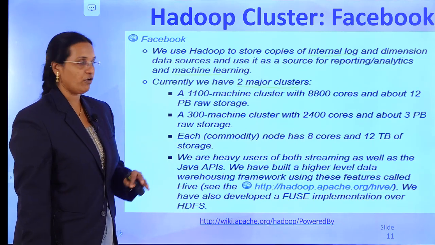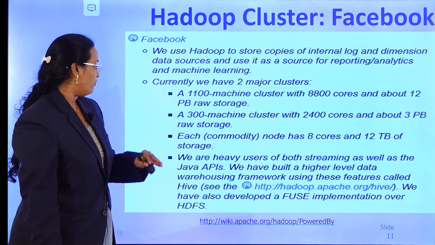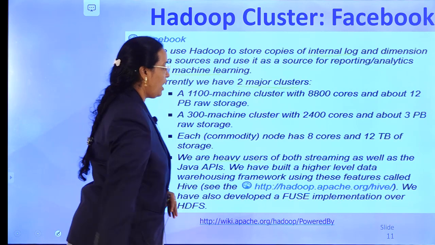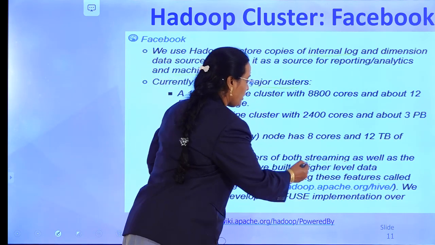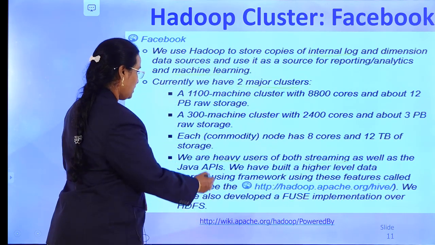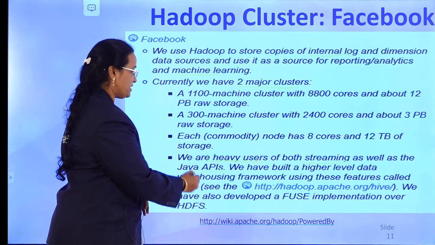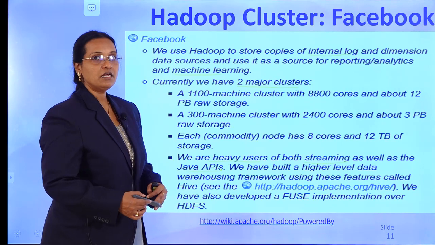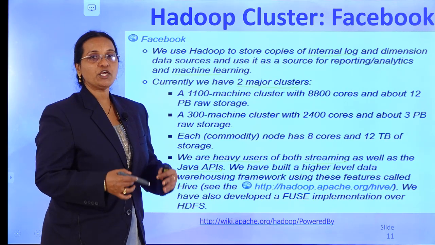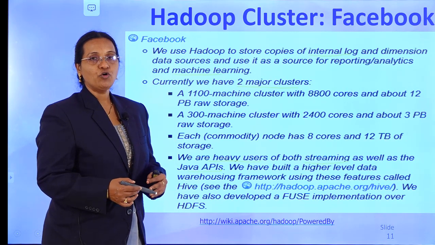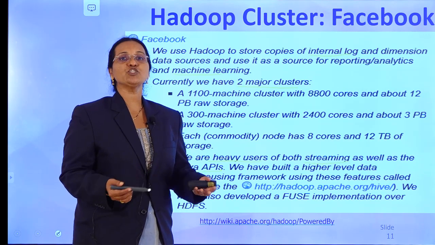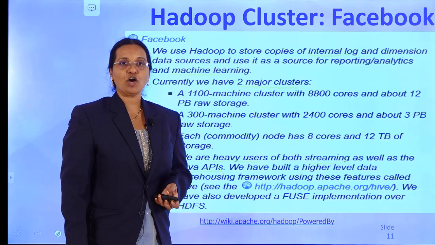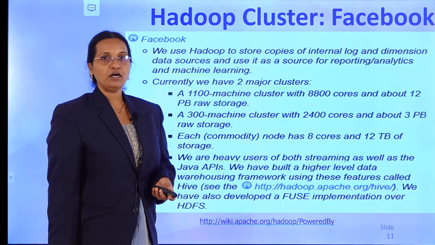Wonderful. So they have heavy users of both streaming as well as Java APIs to perform their work. That means Facebook is making use of the Hadoop cluster to store all your data as well as to process all your requests. So this is a small case study of Facebook for the Hadoop cluster.